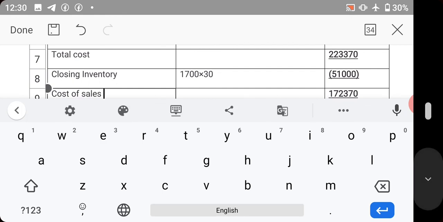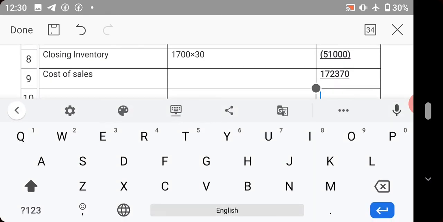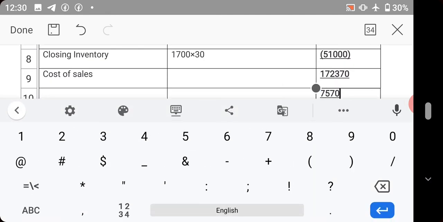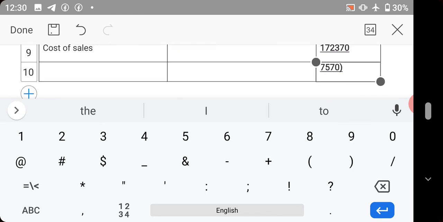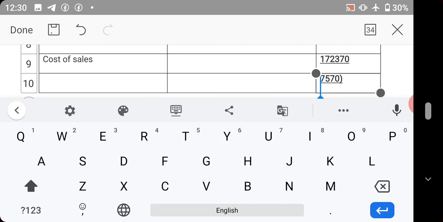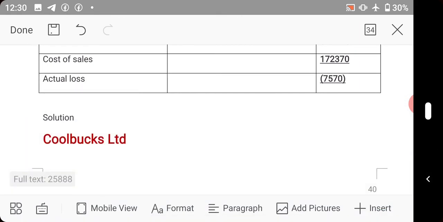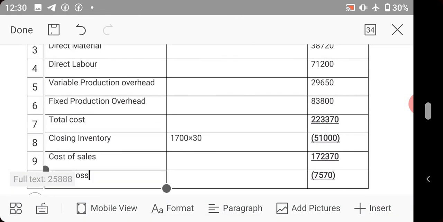So you now have 164,800 minus 172,370, which will give you minus 7,570, and it will be in negative form because it is a loss. So this becomes our actual loss.